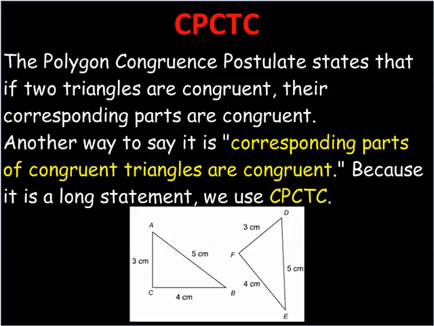So for example, if you look at these triangles down here, angle A, you don't know for sure, but I'm telling you it's true, angle A is congruent with angle D. Angle C is going to be congruent with angle F, and angle B is going to be congruent with angle E. Also, AC corresponds with DF, CB corresponds with FE, and AB corresponds with DE.